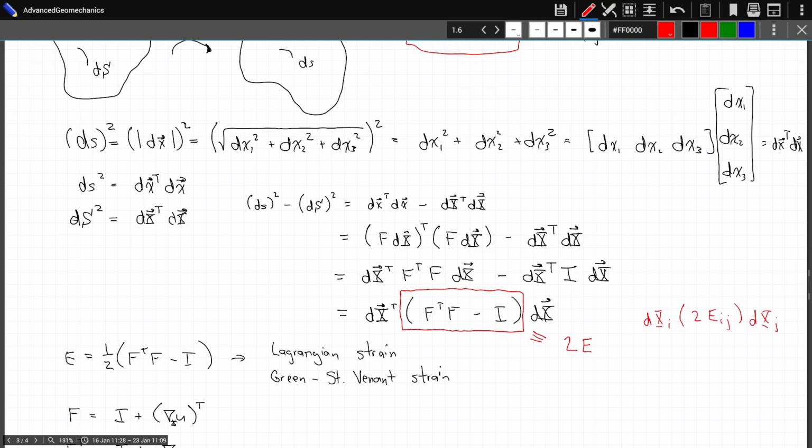So when they're in indicial notation, you can move them around. And so if you looked at dX_i dX_j, that thing itself is a tensor, right? The components would be the ij components.